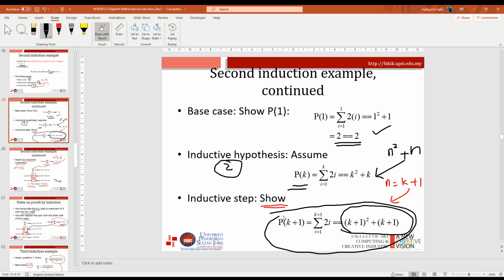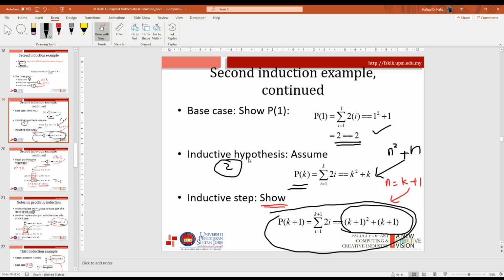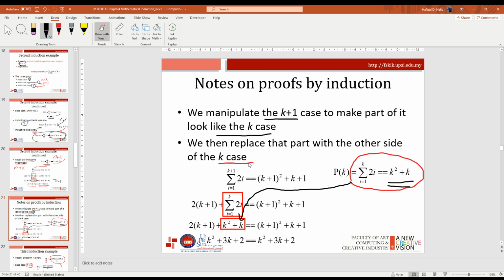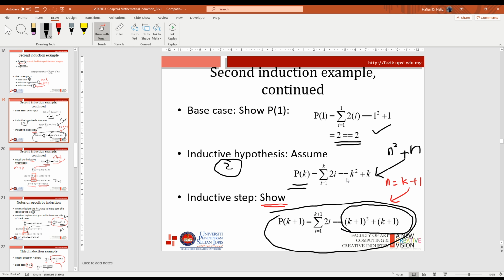Okay, because of the n power 2 plus n. Based on this one, for k plus 1, we want to replace by n power of 2 plus n.